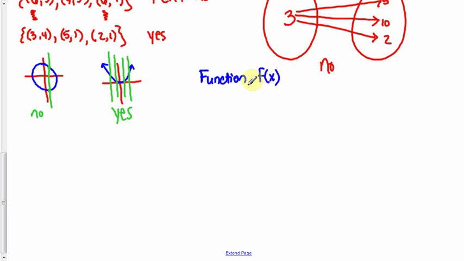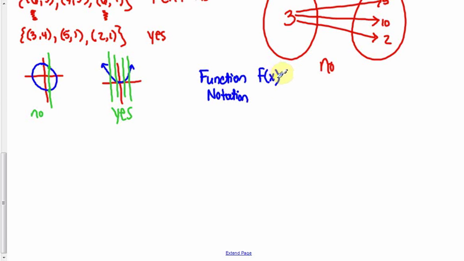And it literally means a function f evaluated at x. This is notation. So it's a way to write something.